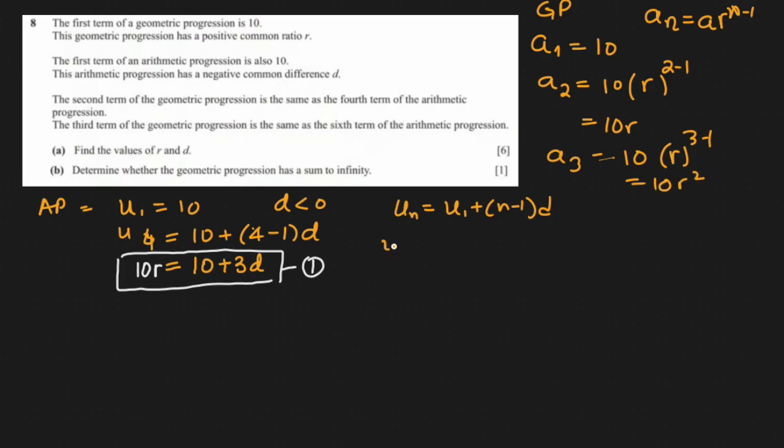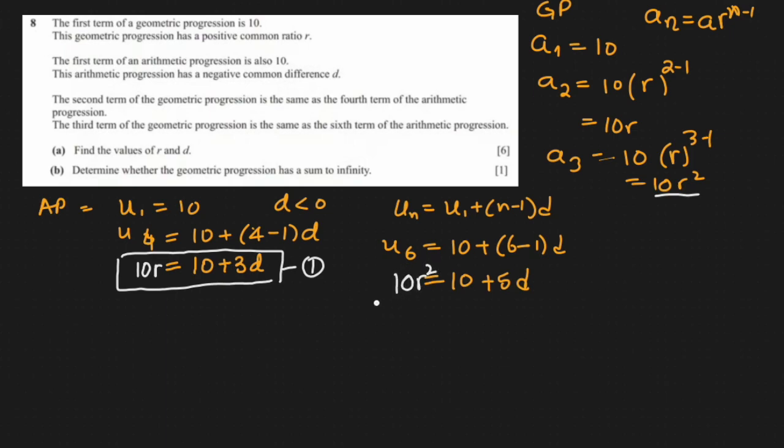What about U? They said the sixth term, right? So U6 will be 10 plus 6 minus 1 times d, which is 10 plus 5d. And they said this is equal to the third term of the GP, so 10r squared.